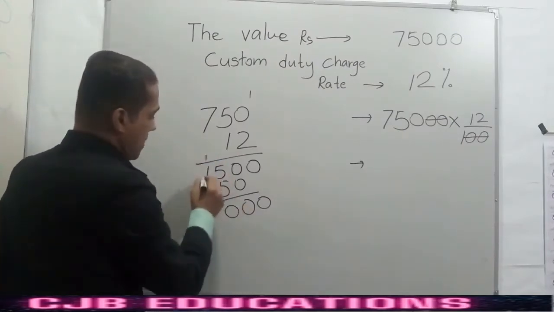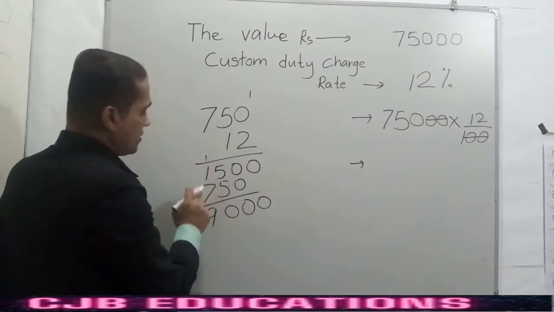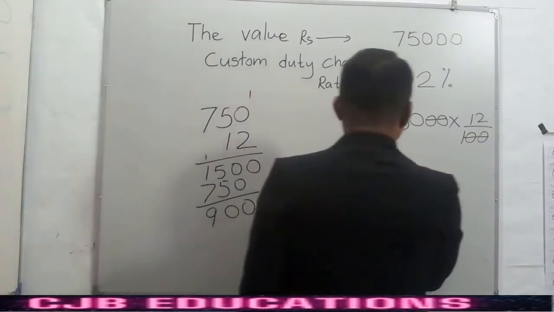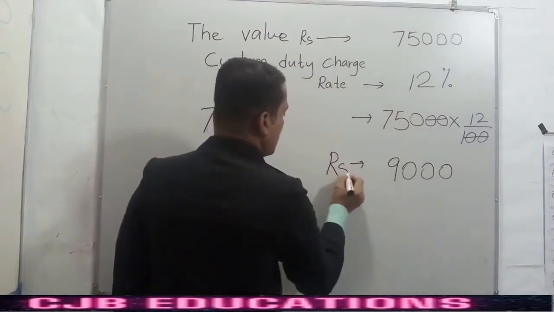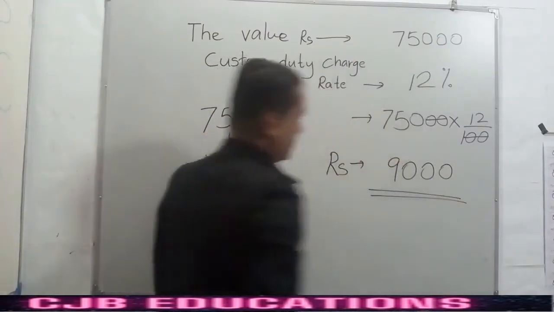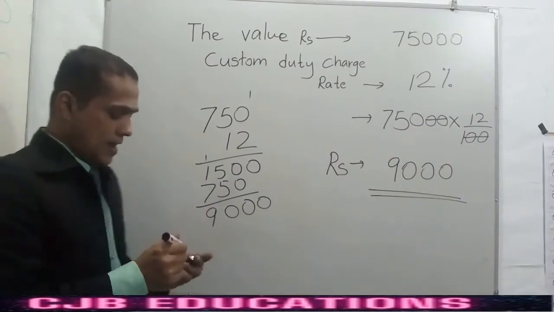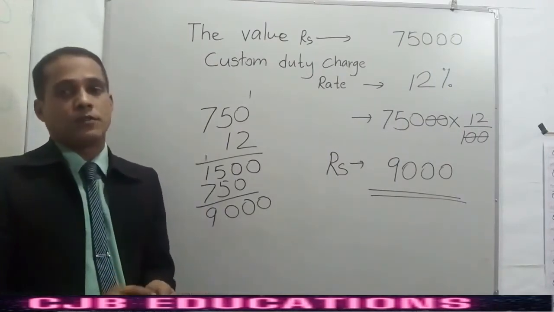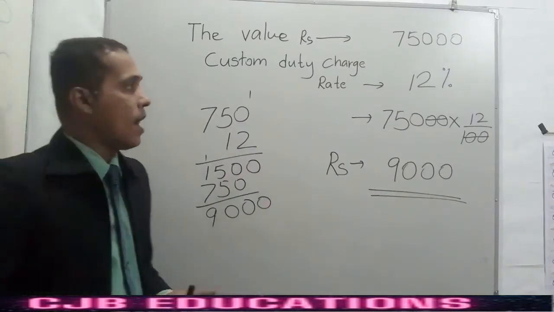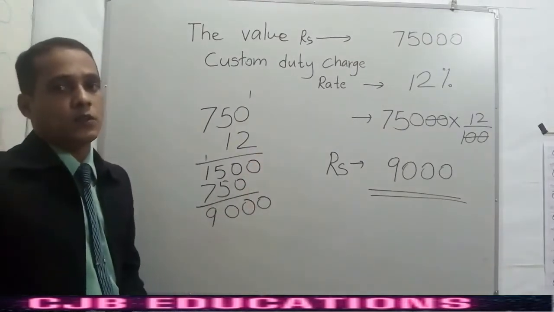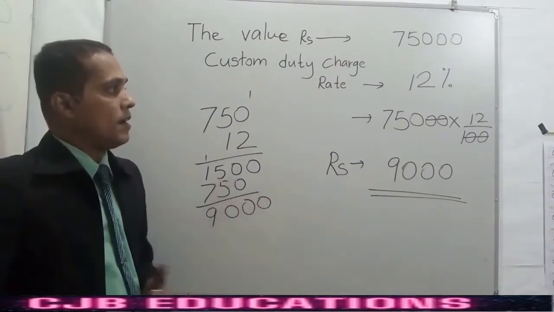And put here 1. Then 1, 1, 7, 9. Then 9,000. The 9,000 is the custom duty charge amount. This is the easiest way to find out the answer. Then you can get 2 marks for this question also.